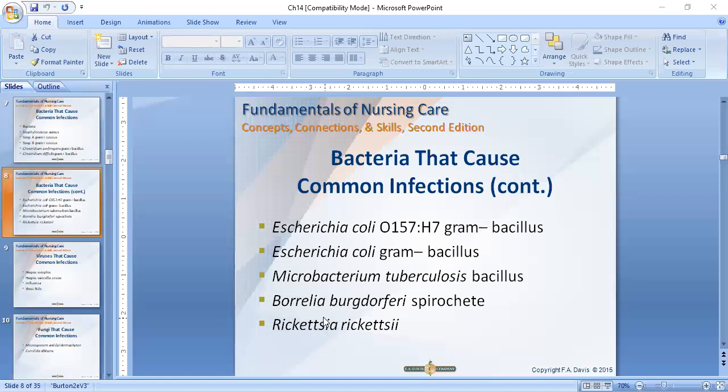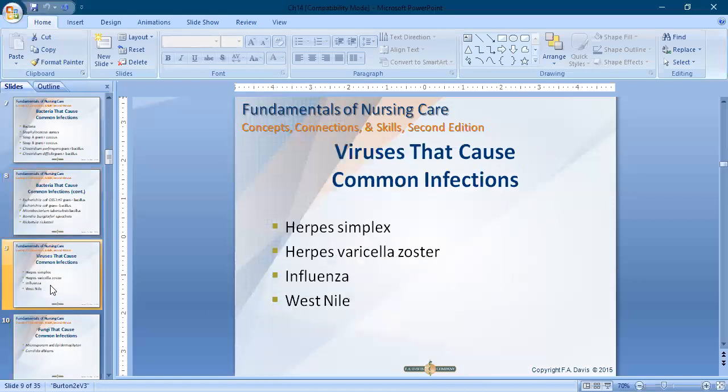They cause fever, right? Rocky Mountain spotted fever, Rickettsia causes. And here we go, another, herpes simplex virus. They are also contact precaution. Herpes varicella zoster, they are contact precaution.